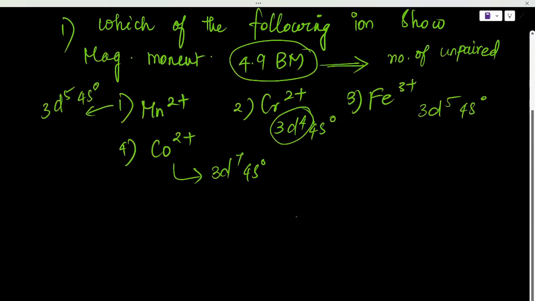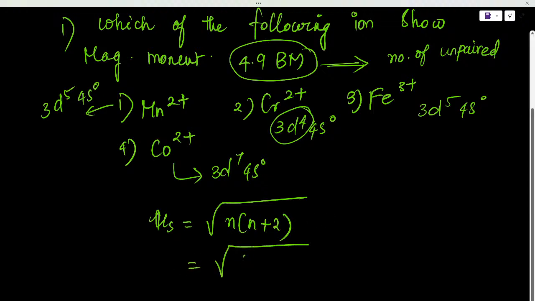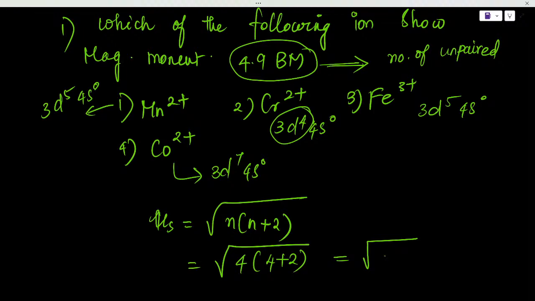So, the mu value is the root of n into n plus 2 Bohr magneton. I am just substituting the value of 4 into 4 plus 2, which will give you 4 into 6, that is 24.